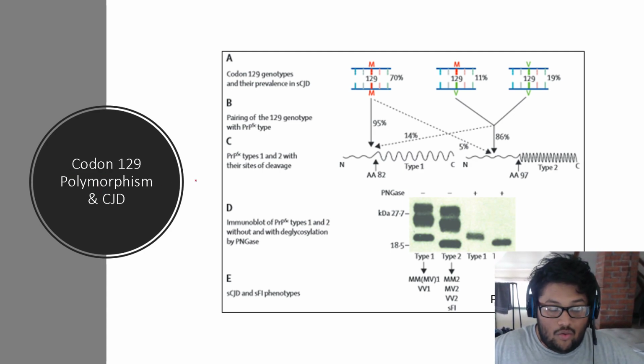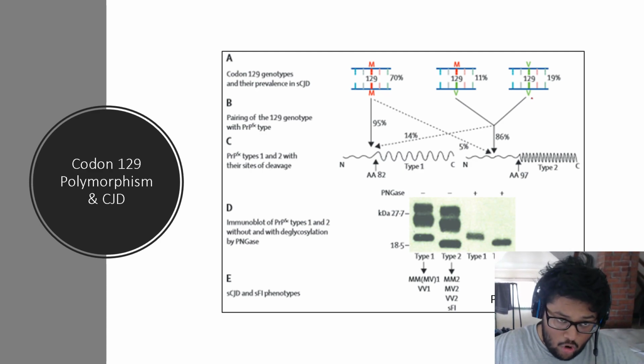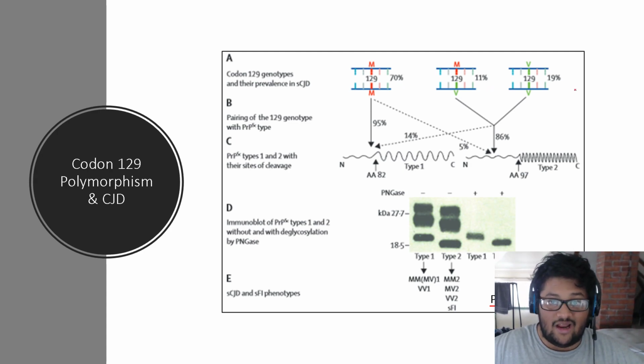So someone who has this codon 129 polymorphism can be a methionine homozygote, methionine valine heterozygote, or valine homozygote. And what this study by Pucci et al. found out was that people who are methionine homozygous are 70% susceptible to this disease, 11% in the case of the heterozygotes, and 19% for the valine homozygotes.